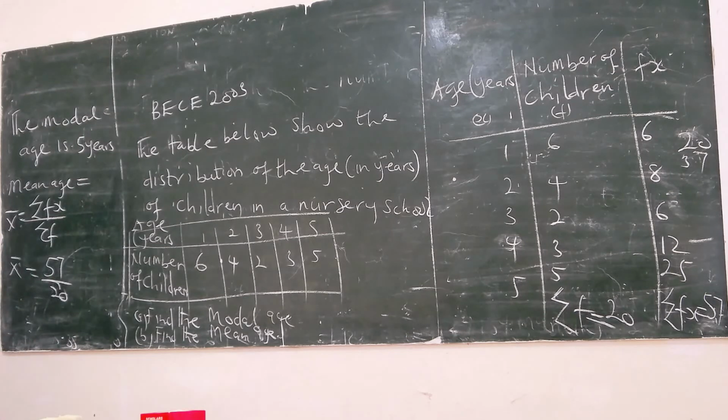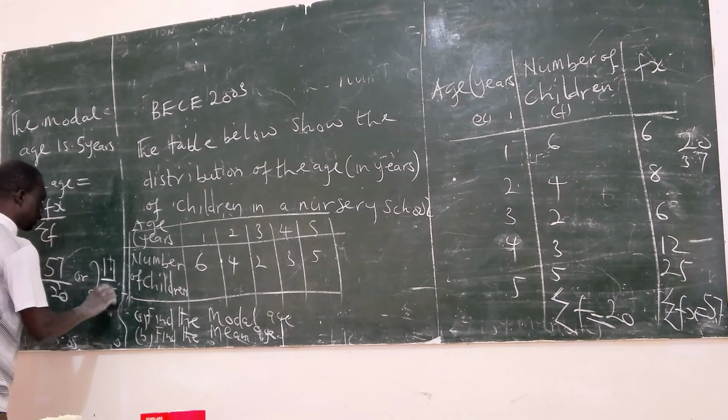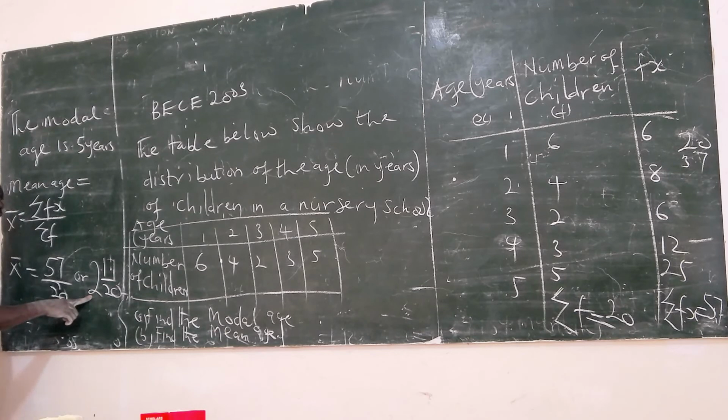Let's change this into a mixed fraction. 20 into 57 is 2 times, that's 2 whole number 17 over 20. 40 plus 17 is 57, right?